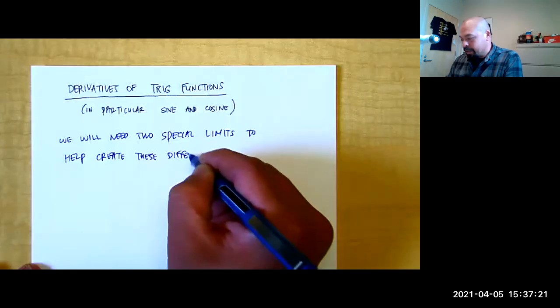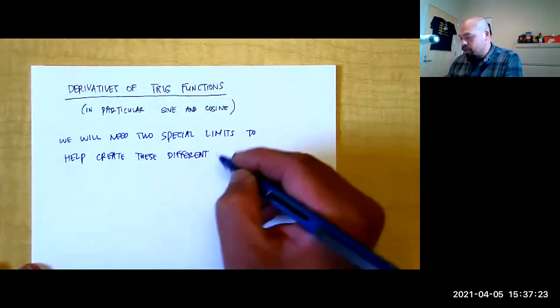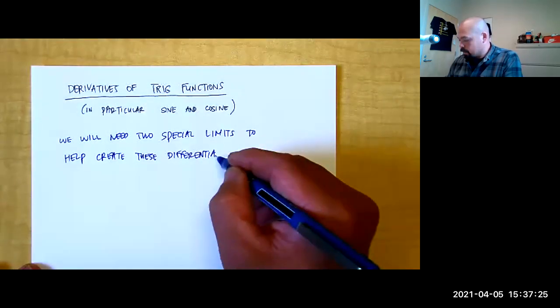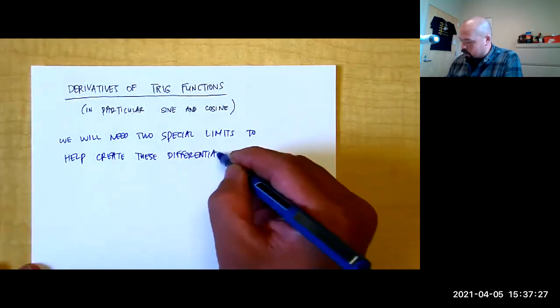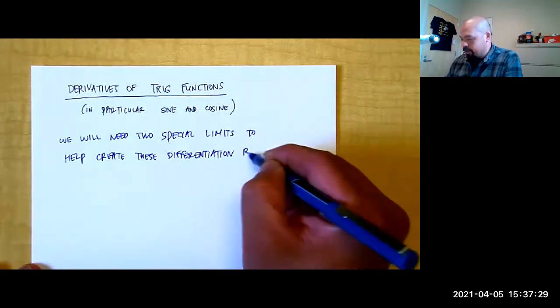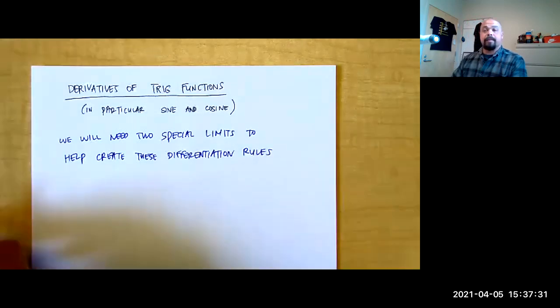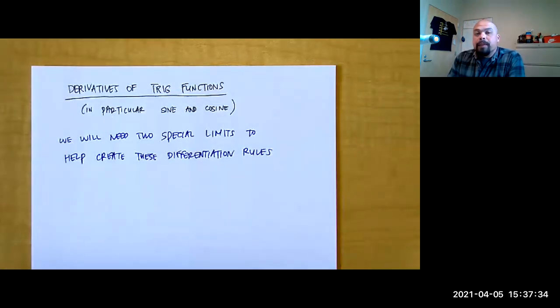Because we're going to use the limit definition of the derivative to create the derivative rule for sine, the derivative rule for cosine. And so since we're using a limit, we need these two special limits that show up, okay?